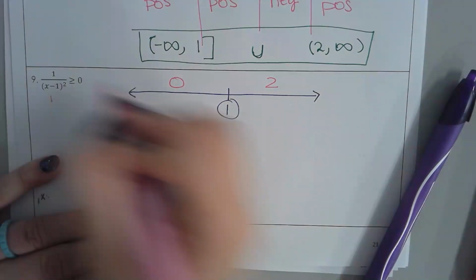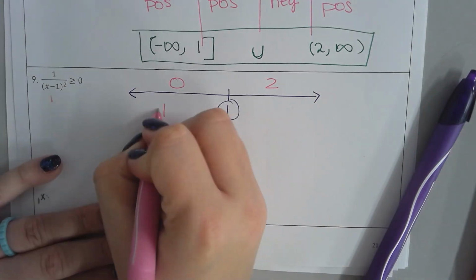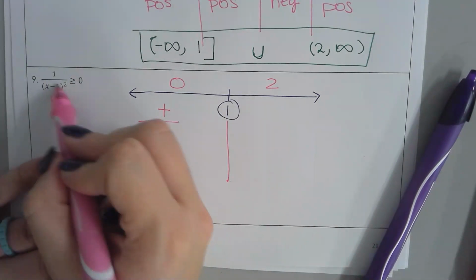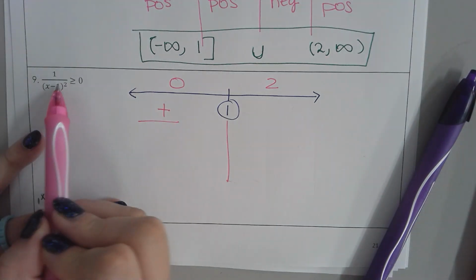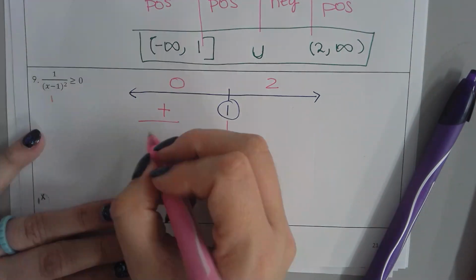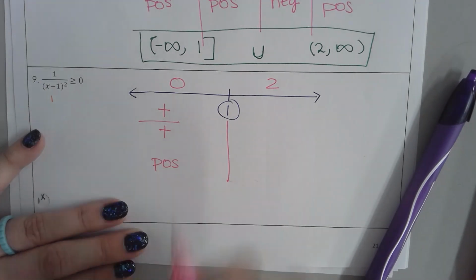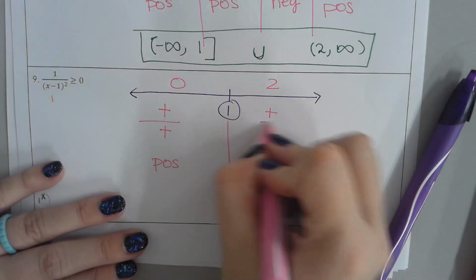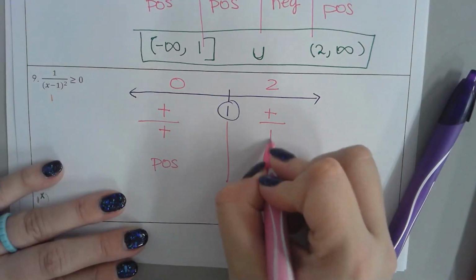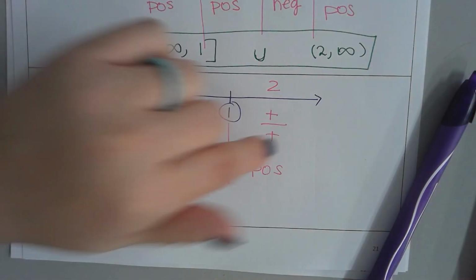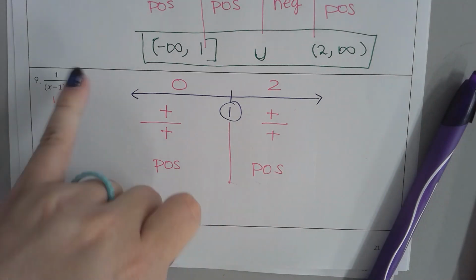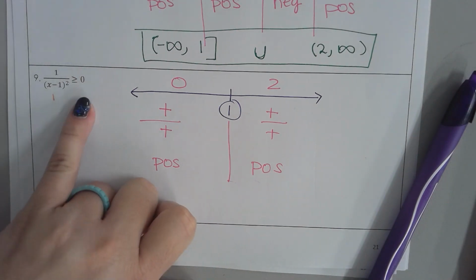So we would have a positive 1 on top, and 0 minus 1 is positive. A positive 1 over a positive would be a positive. So both of these intervals give me positives, which is what my question was asking for.